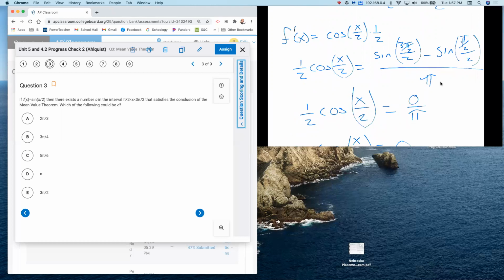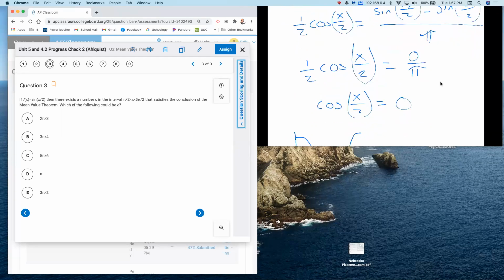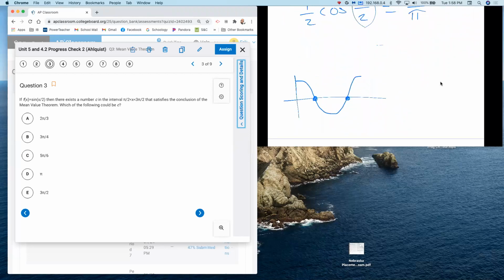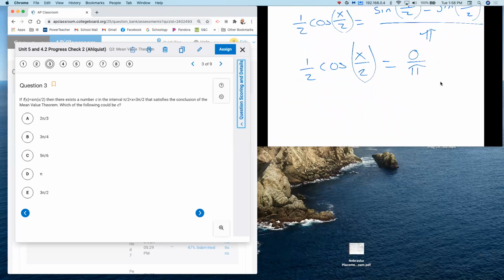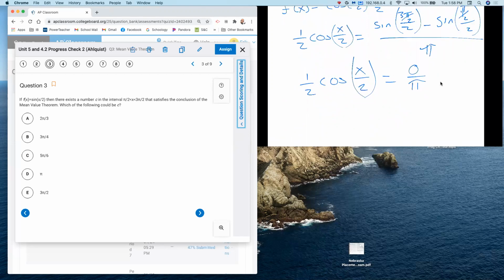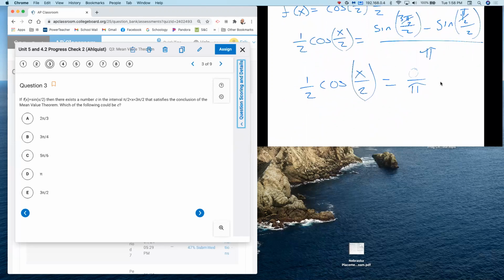Sine of 3 pi over 2 is... I gotta make sure I did that right. Hold on, because I'm missing something in my brain and I don't know what it is. So let me go back up to here and do this part again.